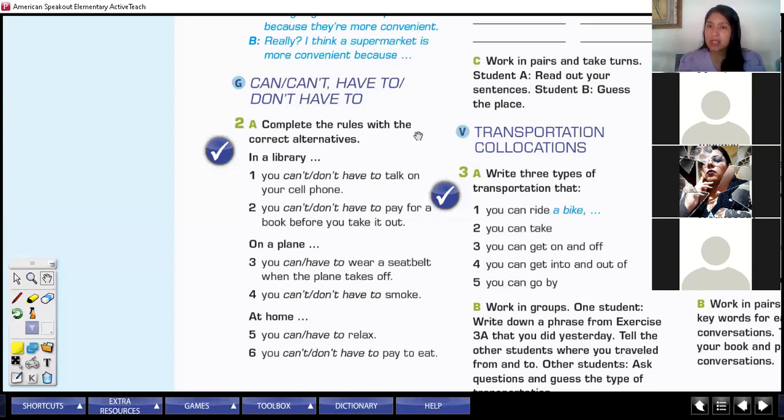So try to imagine these situations in these places and then decide which one you're gonna use. Just write down the answer you chose for 1 and 2, and then we're gonna share, okay?